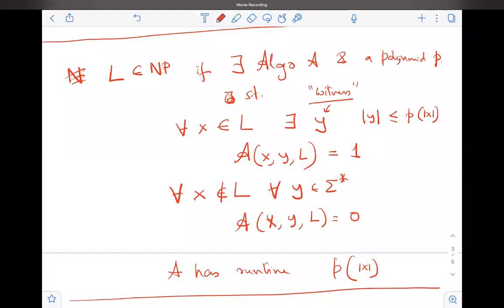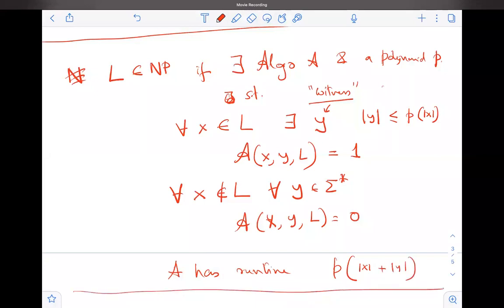Maybe if you want to write it this way, I can write it size of x plus size of y. But again, this doesn't matter because this is a polynomial, so y is also polynomial. So this is a polynomial in size of x. Yes, that reduction is coming from the concern on size of y. Okay, fine, good.